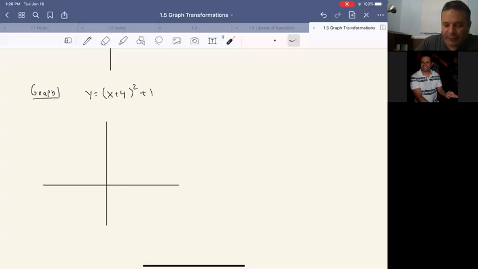So remember, that's whatever makes the x plus 4 0. One thing to keep in mind, you have to always sort of keep in mind what is your base function. Okay. So here we know our base function is y equals x squared. Okay. Gone left 4 and up 1.